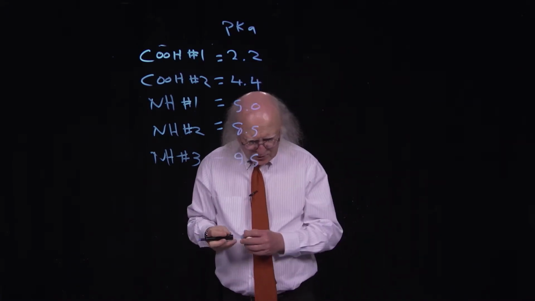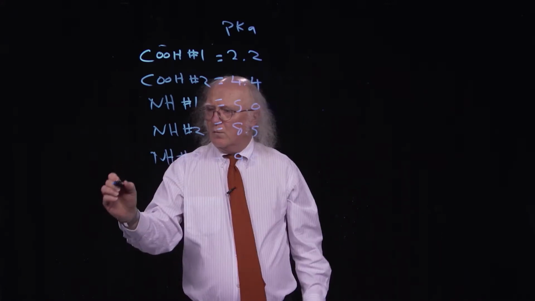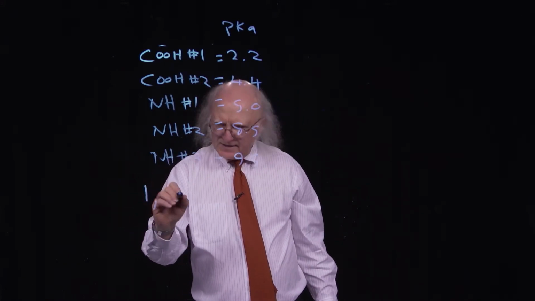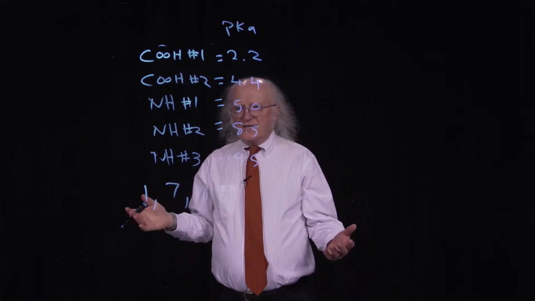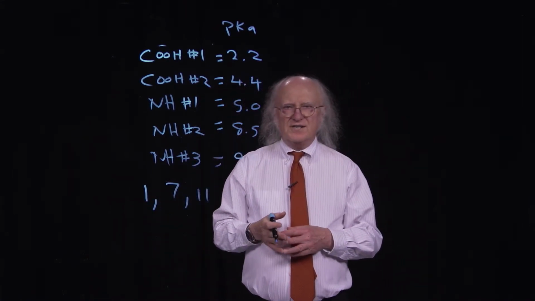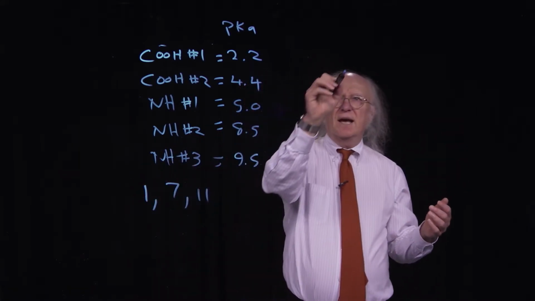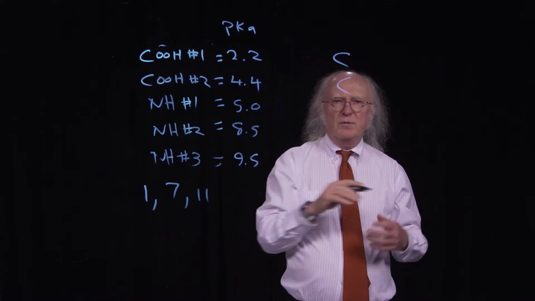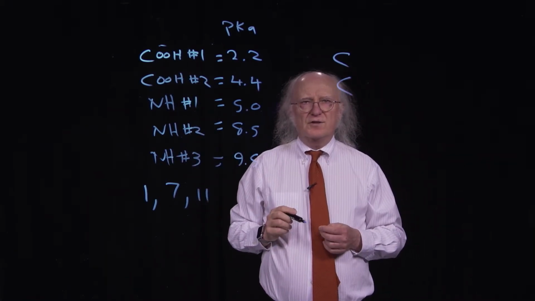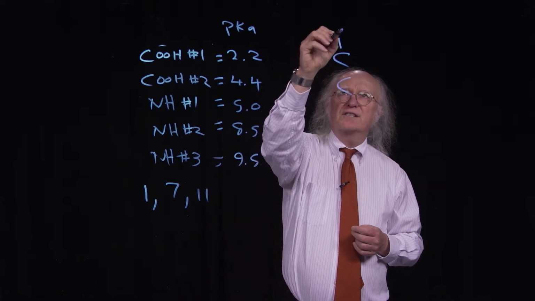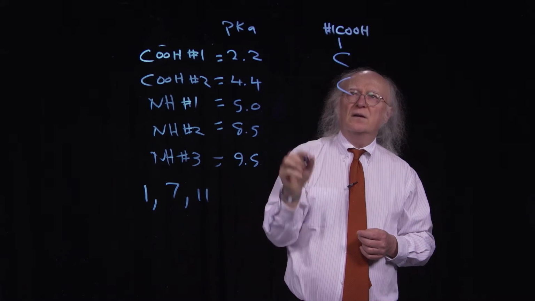And it says, predict the charge on blemium at the following pH values: 1, 7, and 11. Well, to do this, I like to just draw some representation of this molecule. So let's do that. Let's say that we've got, and we can make up anything we want, just so long as we include all of these individual groups here. So let's put in, for example, a COOH. We'll call this one number 1.